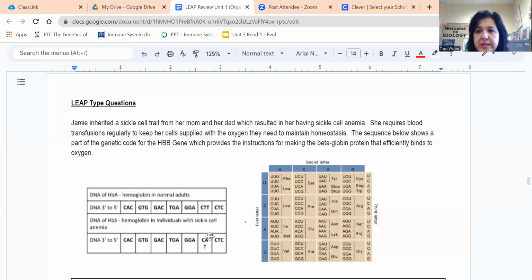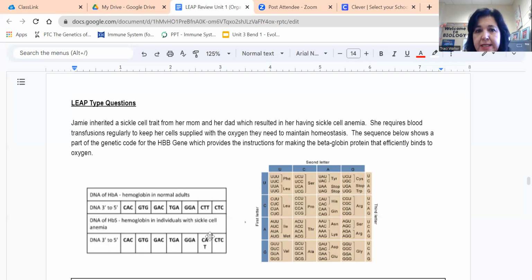Okay, so let's read the passage. Jamie inherited a sickle cell trait from her mom and her dad, which resulted in her having sickle cell anemia. She requires blood transfusions regularly to keep her cells supplied with the oxygen they need to maintain homeostasis. The sequence below shows a part of that genetic code for the HBB gene, which provides the instructions for making beta globin protein that efficiently binds to oxygen.